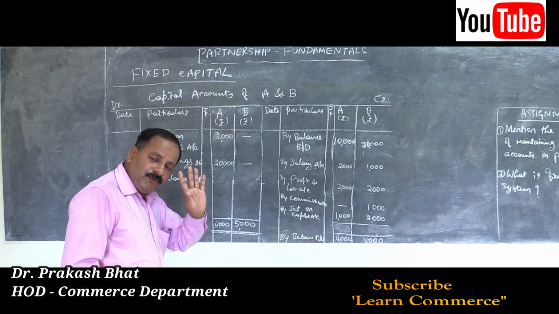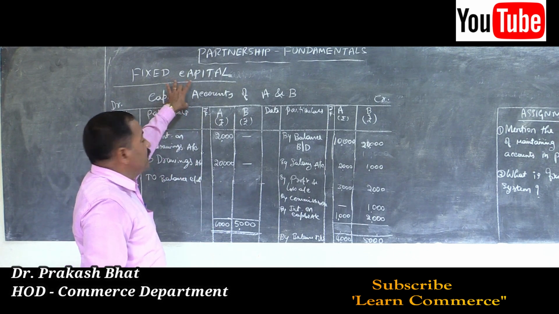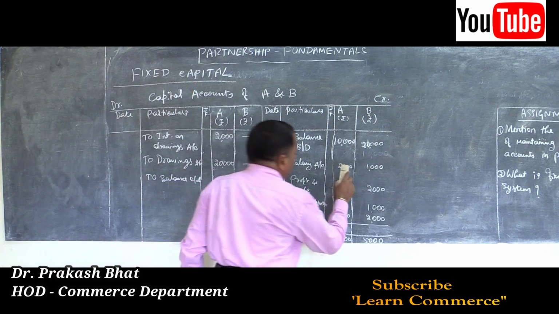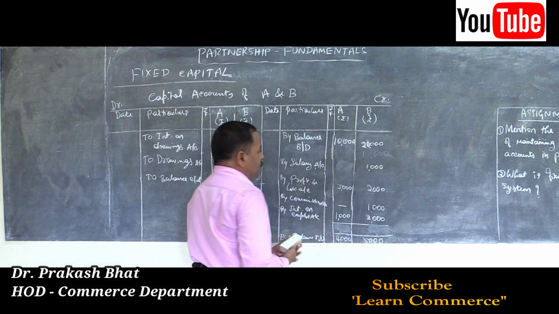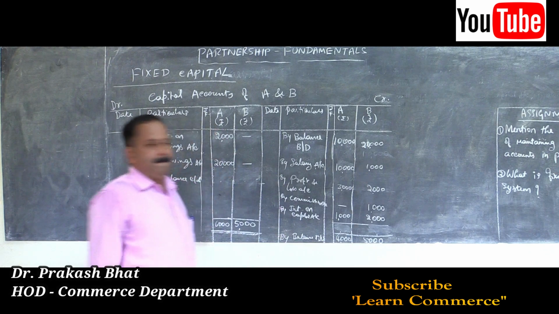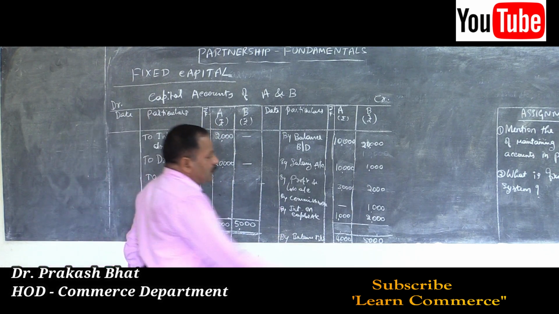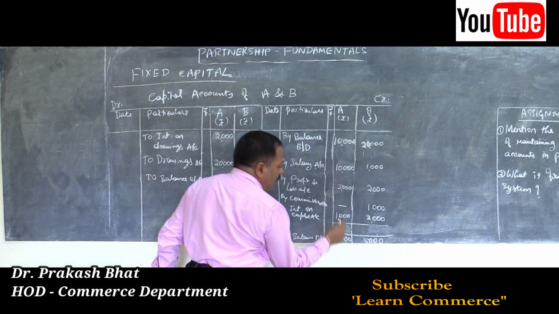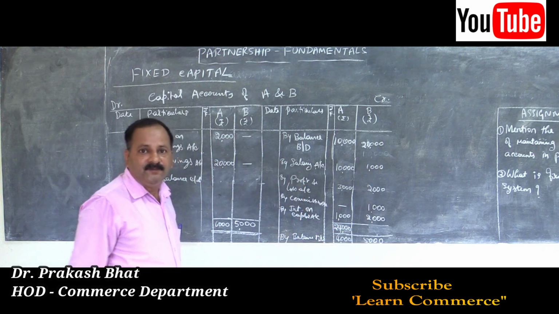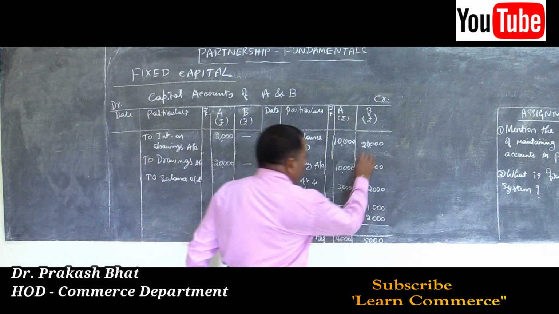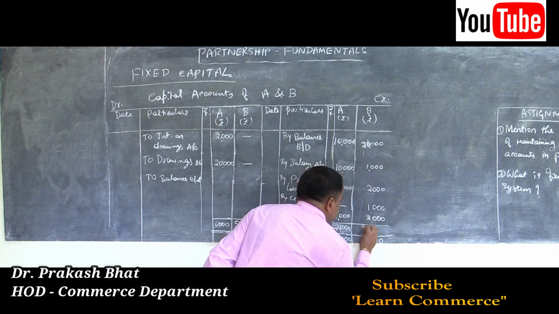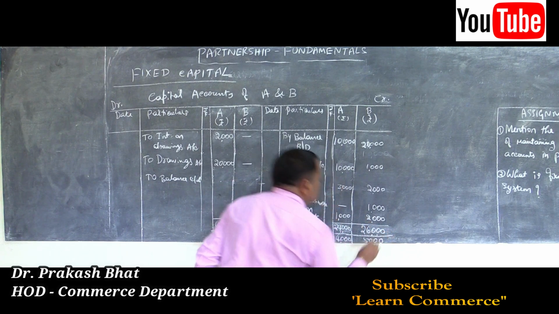Capital account can show a debit balance also under fluctuating capital method. But what I will do is increase the salary. Let us pay more salary to Mr. A. We will pay 10,000 to Mr. A. So now the total will be 10 plus 10, 20, 23, 24,000 is the total of the credit side. Clear? Then here 21, 23 and 24, 26. 26,000.